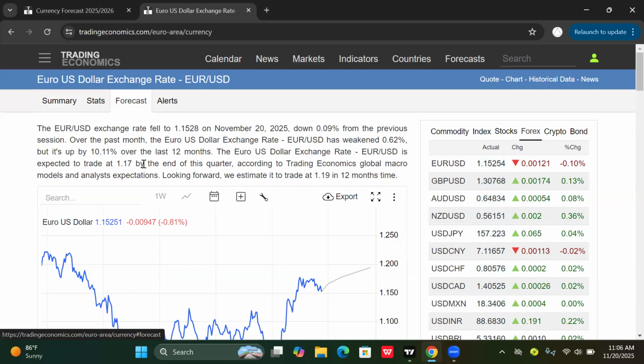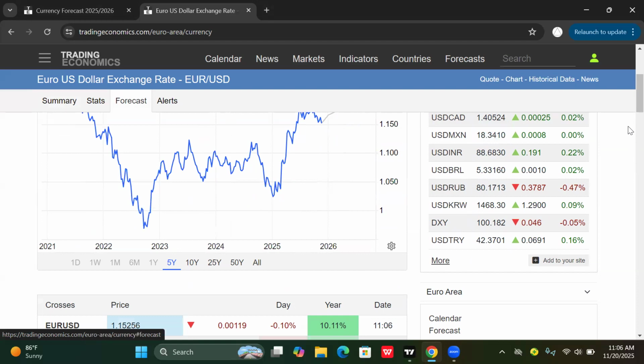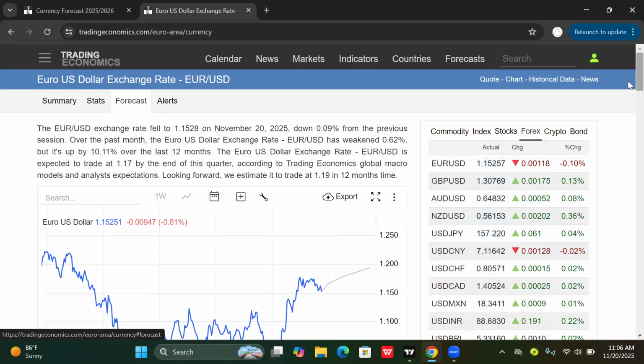So the 1.19 to 1.20 area is still valid, because we know asset managers have been betting on the euro dollar to reach 1.20, and we've seen ING Bank say 1.19, and also the 1.20 level is still valid in my book, if you ask me. So here we have two banks validating our analysis, right?